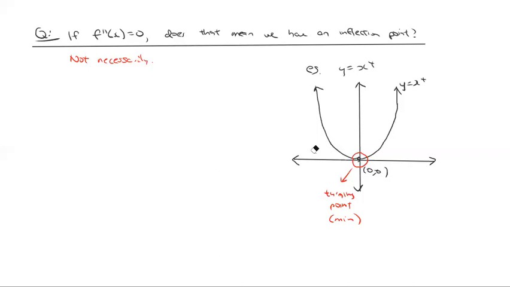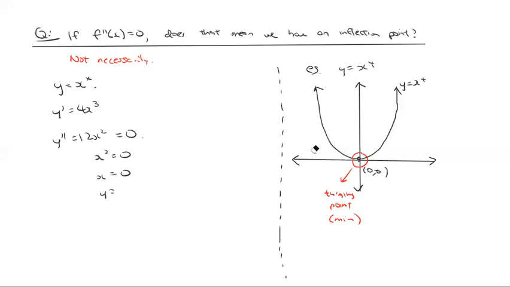So now, let us imagine we didn't know that. And let us just do the calculus. So if y equals x to the power 4, y dash is 4x cubed. Y double dash is 12x squared. Now for y double dash equal to 0, that means x squared equals 0, which means x equals 0, which means y equals 0. So that means I've got (0, 0).